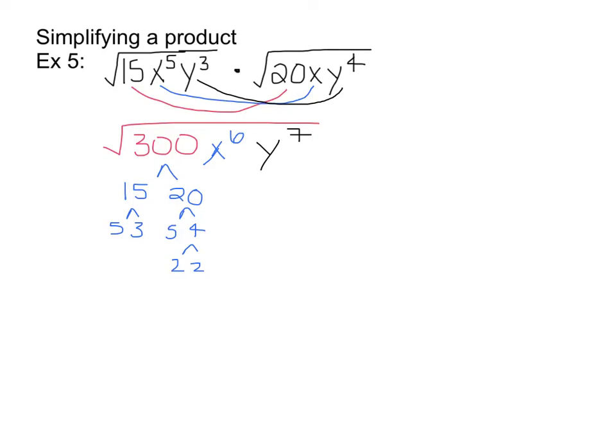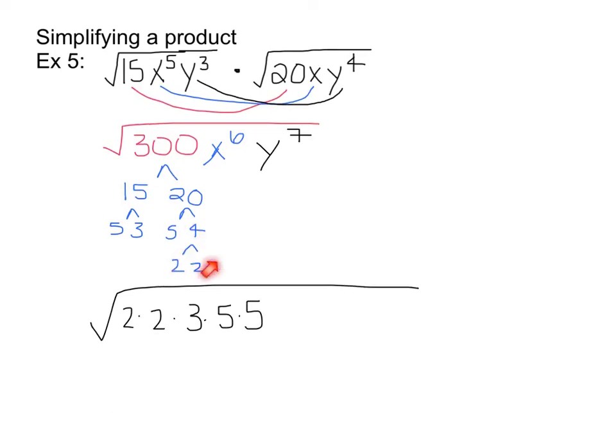Okay, so just like before, I'm going to write the lowest numbers all under the radical, so I'm going to write both 2's, and then I'm going to write my 3, and I'm going to write both 5's. Remember, we don't use the 4 because it got broken down. We don't use the 20 and the 15 because they got broken down. Also check, 2 times 2 times 3 times 5 times 5 should give you 300 again.